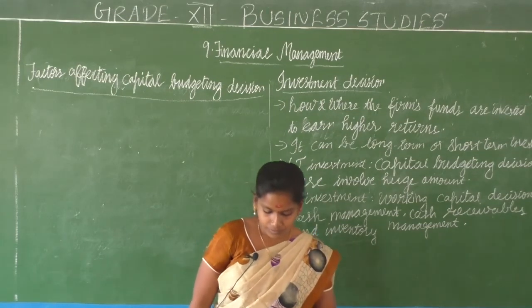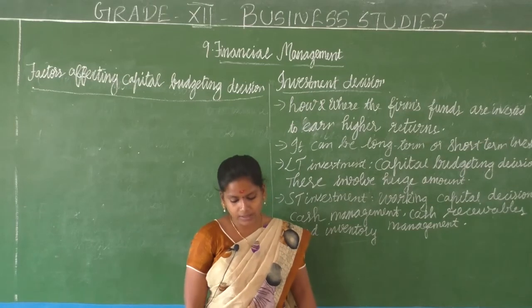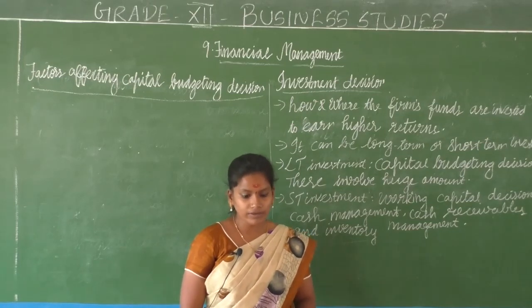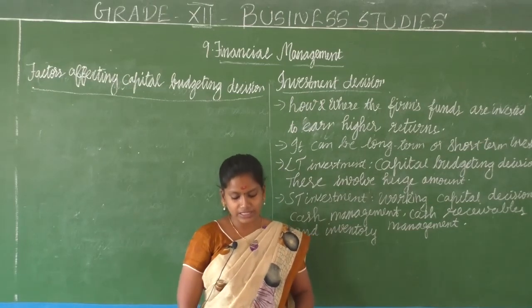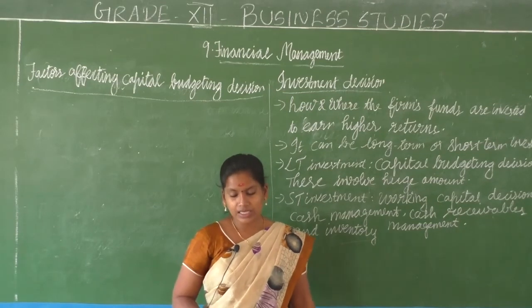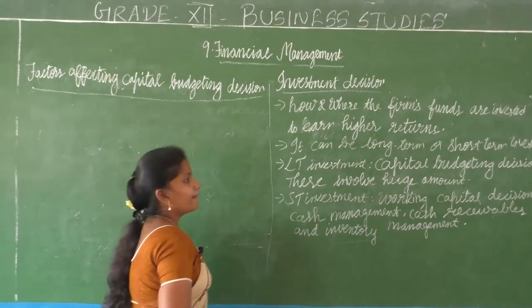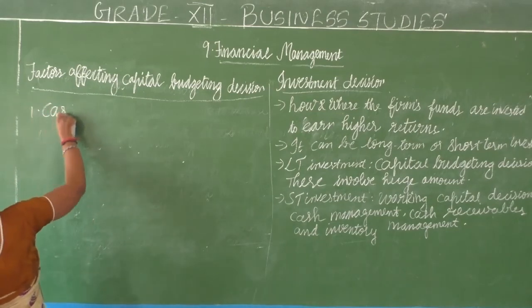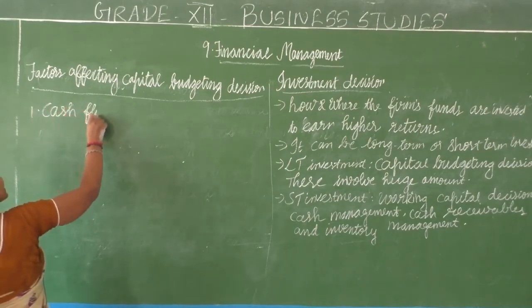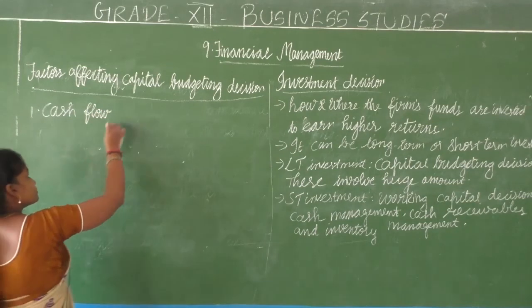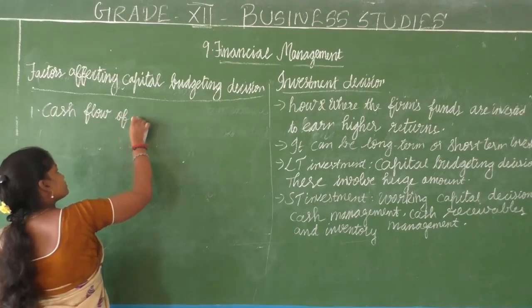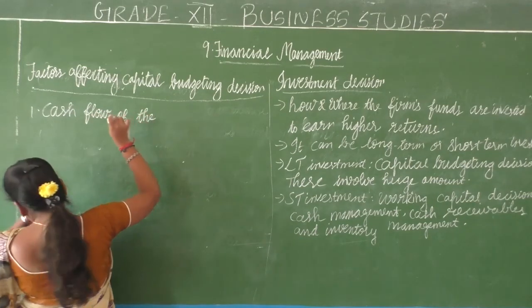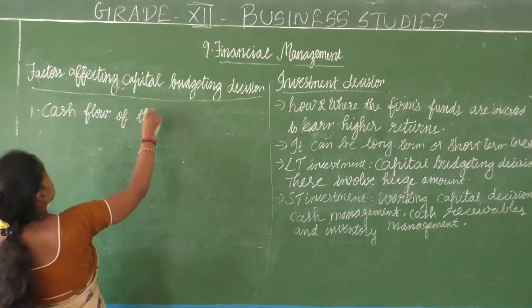Understood? So what are the factors involved in the capital budgeting decision? First thing, cash flows of the project. The cash flow of the project we choose, the return you get from the project.